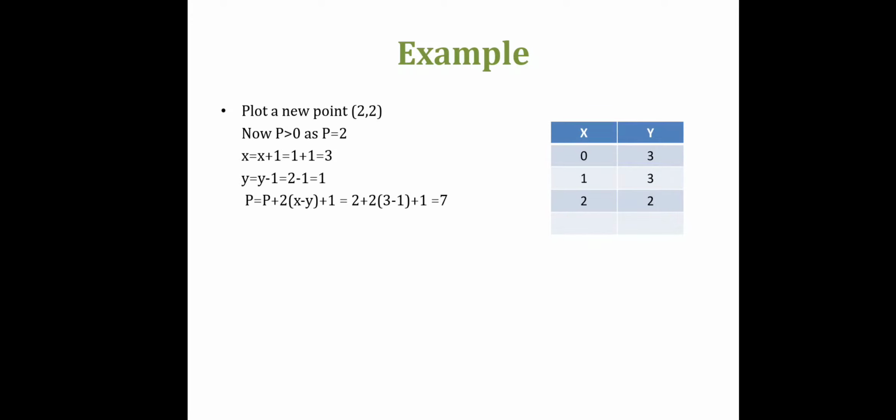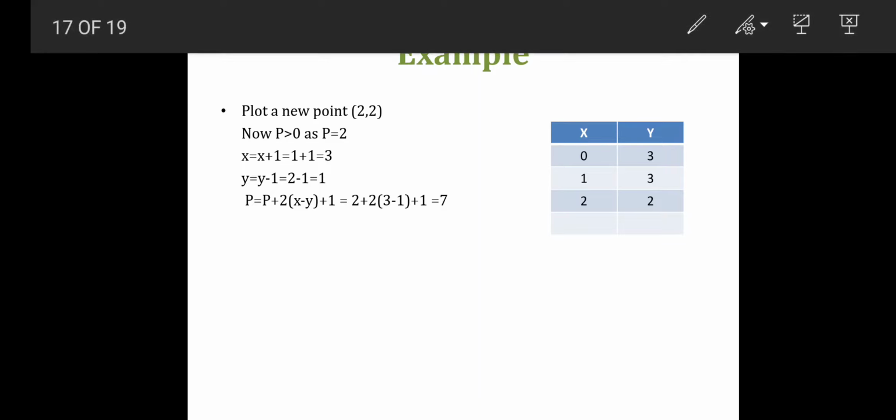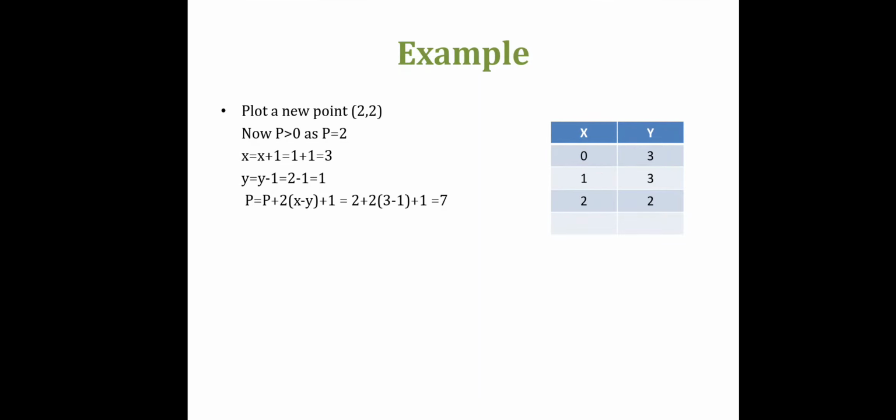Then next again we have to check whether our p is greater than 0. What is the value of p in the previous equation? The value of p is 2. So in that case we check again, p is greater than 0. Yes. Again x is incremented by 1 and y is decremented by 1. So it is 3 and 1, and again p is updated as p plus 2 into x minus y plus 1, that is 3 minus 1, which is 2, plus 2 into 2 plus 1, that is 7.